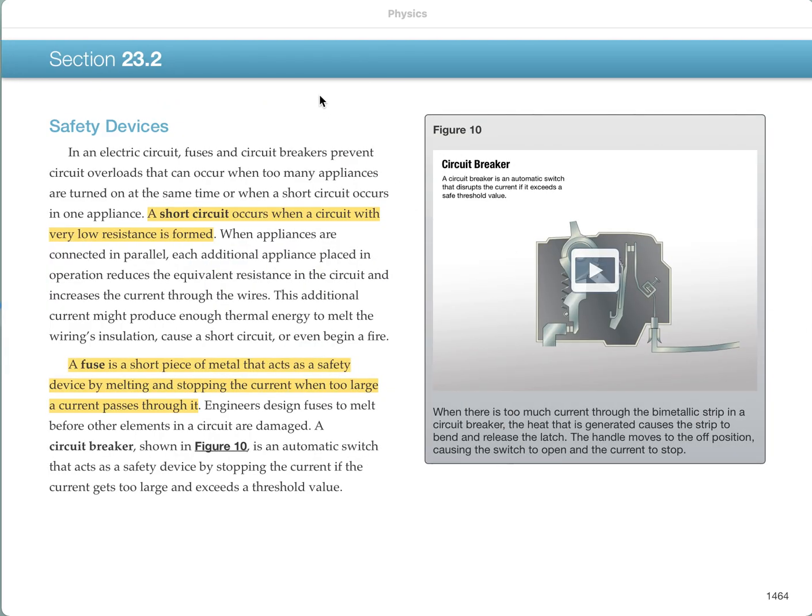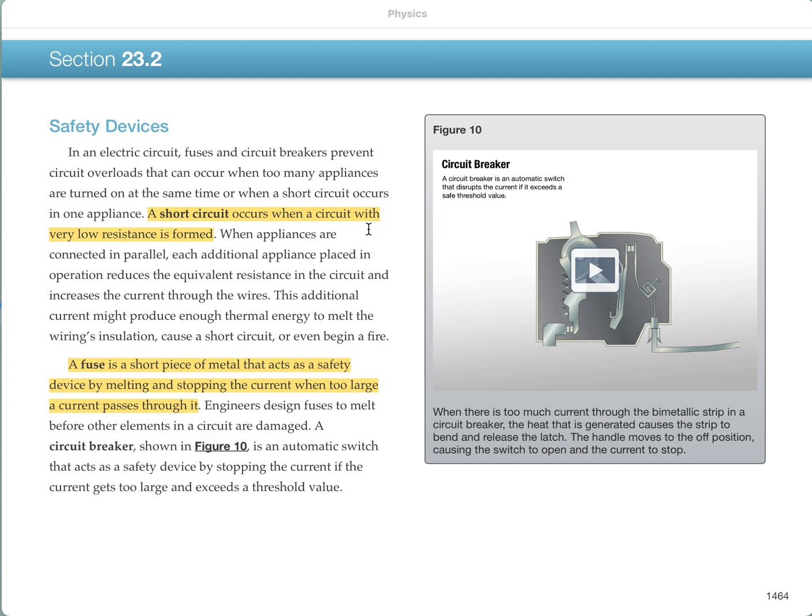First off, you've probably heard the term short circuit, but what does it really mean and how does it happen? Well, the definition is a short circuit is when you have very low resistance in the circuit. So for example, if you have really low resistance and you're connected to PG&E, you're going to get a very high current to flow.